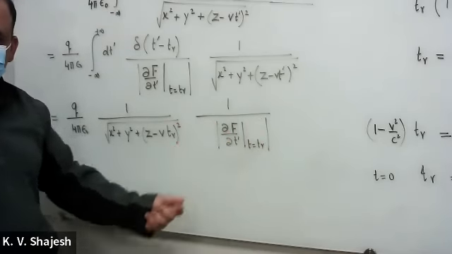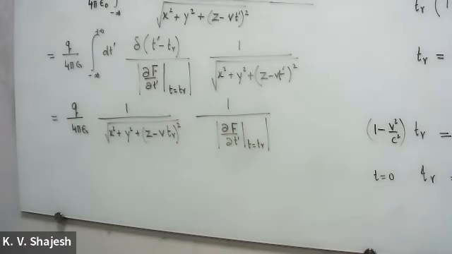It is algebraically tedious at this point to put it in the right form. What is the derivative of the function f with respect to t prime? So let's do it here.